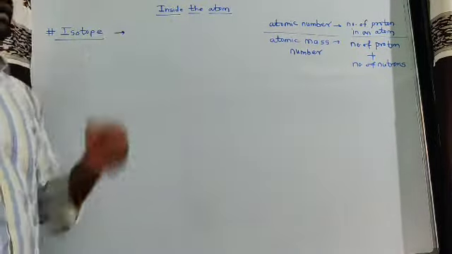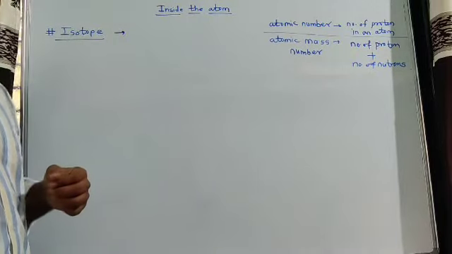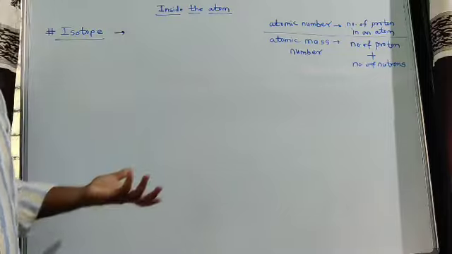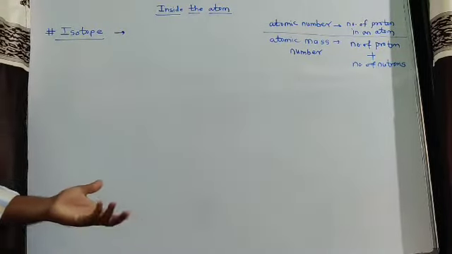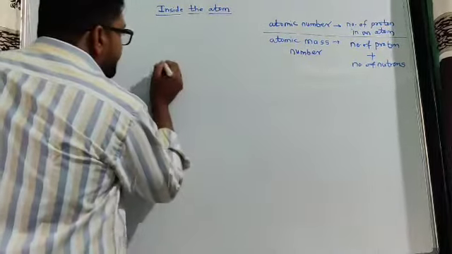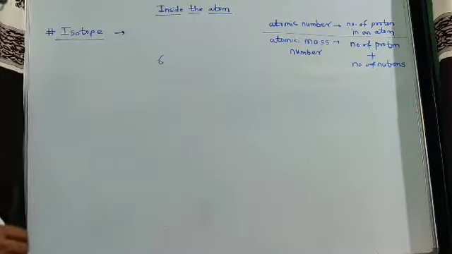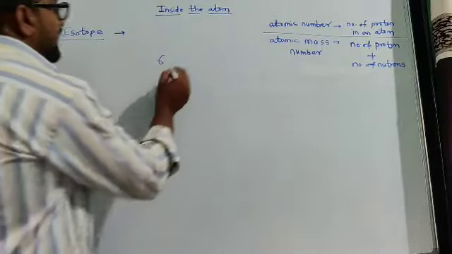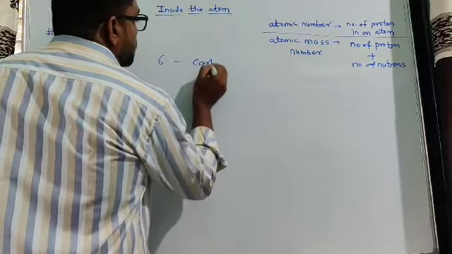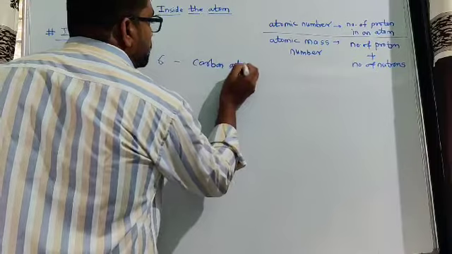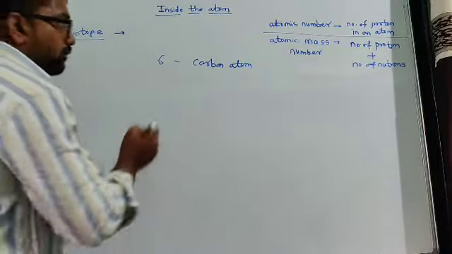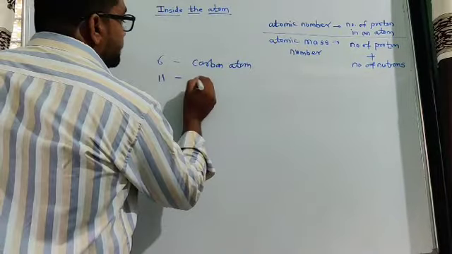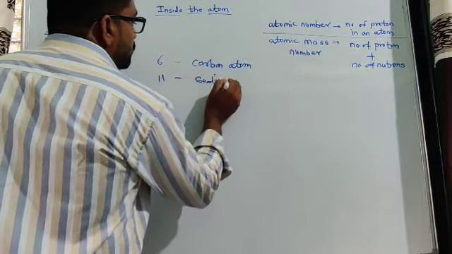Now this atomic number is a very basic, fundamental property of any element. Suppose the atomic number is 6; it directly represents that the atom is the carbon atom. If the atomic number is 11, it directly represents sodium.